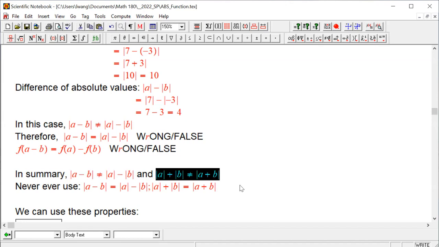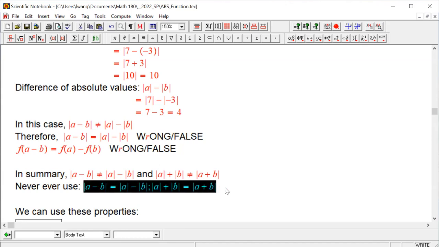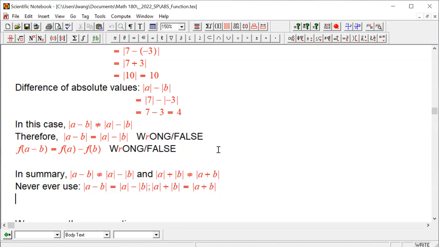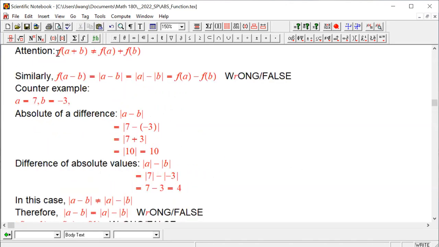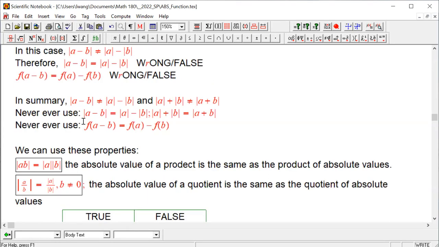Saying not equal is true, and never ever use that. And also never ever use these. Don't use this, and don't use that. Don't use these.